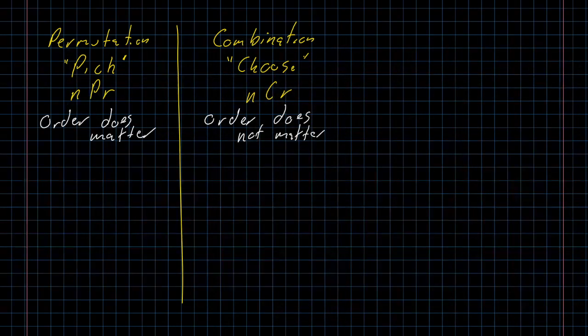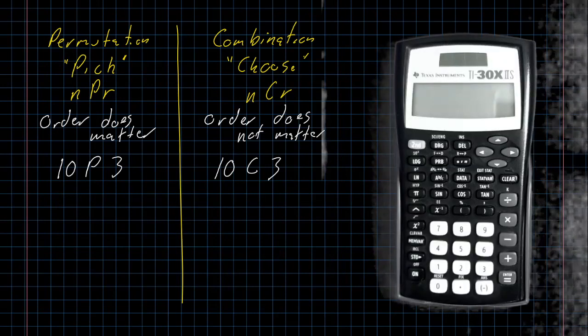So if I have my group of 10 people and I want to pick 3 of them, it would be 10 pick 3 if the order does matter, and it would be 10 choose 3 if the order does not matter. Almost all scientific and graphing calculators have these functions built in.